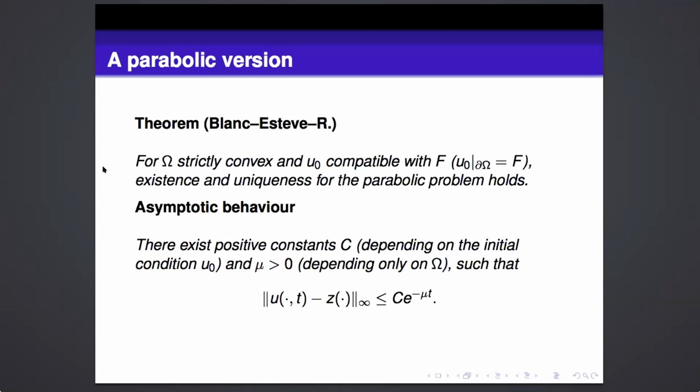And concerning the asymptotic behavior, which is I think the most interesting part of what we have done, we have exponential convergence in general. Solutions as t goes to infinity will go exponentially fast to the unique solution of the stationary problem, the associated elliptic equation.